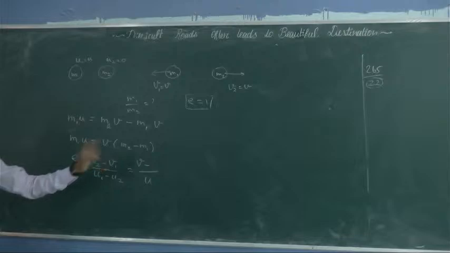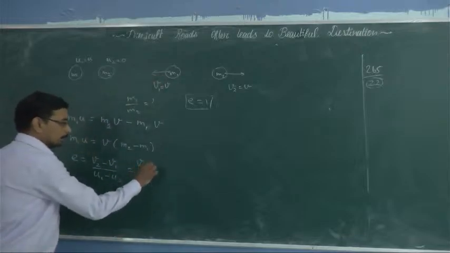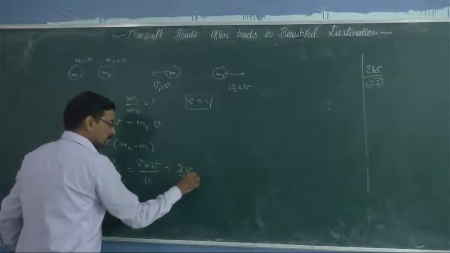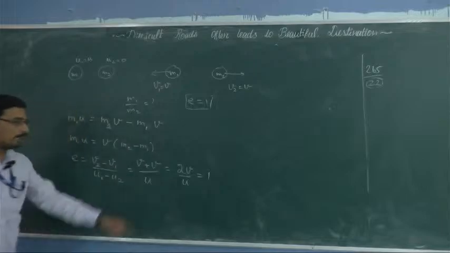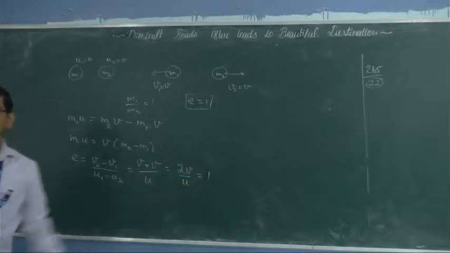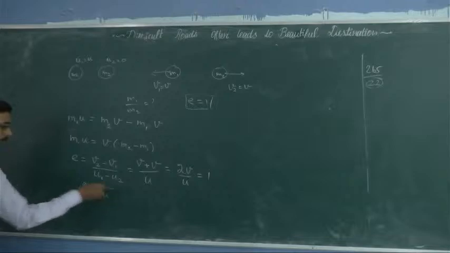The formula itself carries one minus. v1 is taken in the negative direction, so plus v will come. So 2v by u is equal to 1. Why are we writing 1? Because in the coefficient of restitution, the E value is 1 for a perfect elastic collision. That is why the entire answer is equated with 1, from which we can say 2v is equal to u.